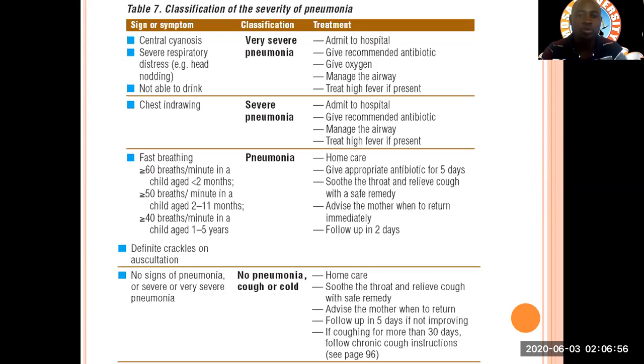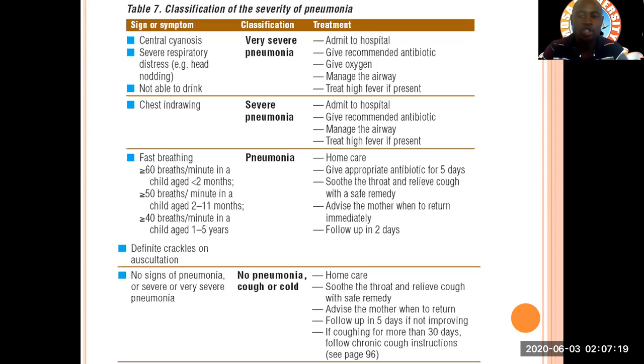Also, if it's just pneumonia, you look at those parameters that have been nicely highlighted there. Fast breathing, which is 60 breaths per minute or more in a child less than 2 months, and 50 breaths per minute or more in a child aged 2 to 11 months.